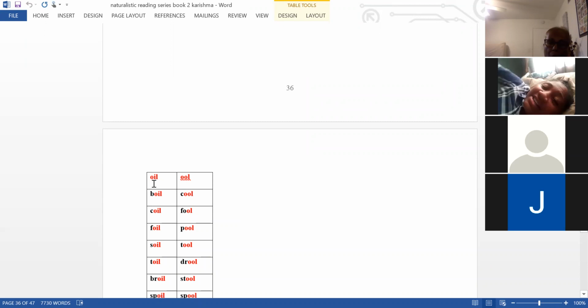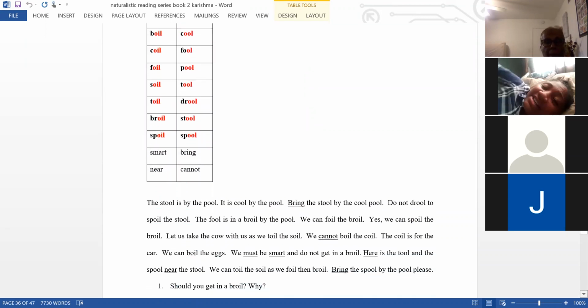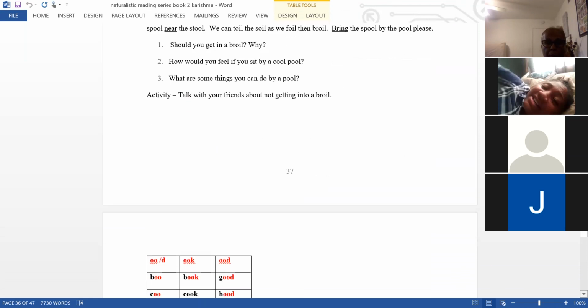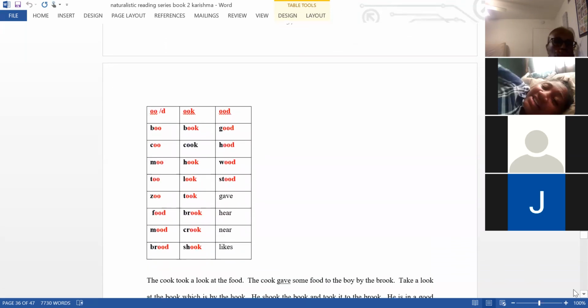Or, this one say oil. This one say oo. So you have O making two sounds here. So when you're teaching, you emphasize that. This one have 3 set of sounds, and by now they should be able to pick up these things. It should become easier for them.